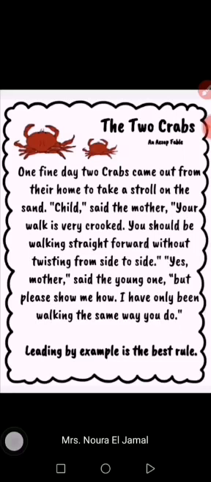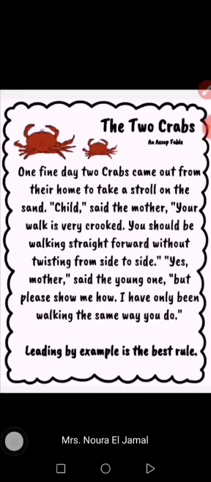Yes, mother. Who's saying this one? The kid or the child. Said the young one. But please show me how. I have only been walking the same way you do. Who's talking here? The child. He's talking to his mom.